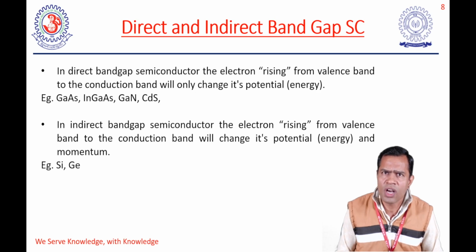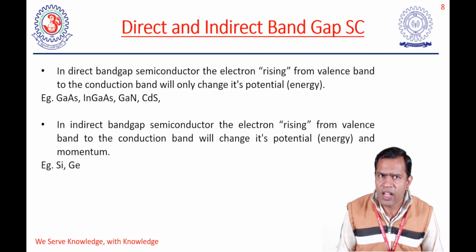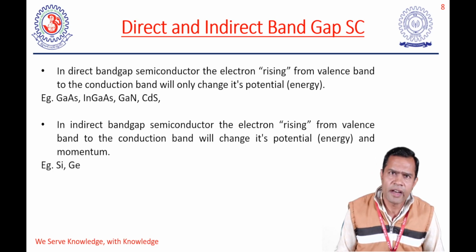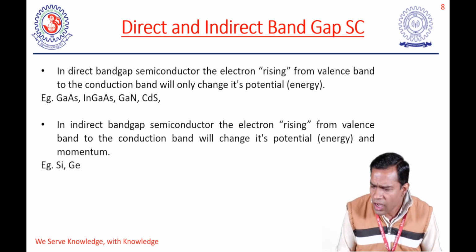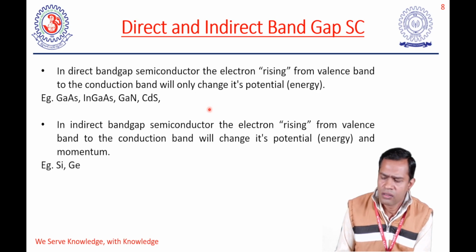Now we come to a little bit about the energy band gap, which may be direct band gap or indirect band gap. The only difference is in potential energy and momentum. In a direct band gap semiconductor, when an electron jumps from the valence band to the conduction band, only its potential energy changes.